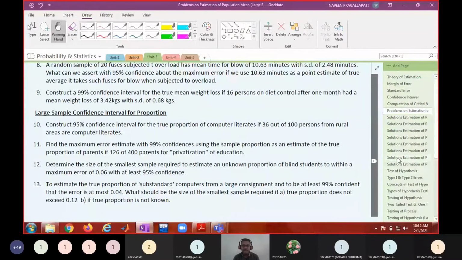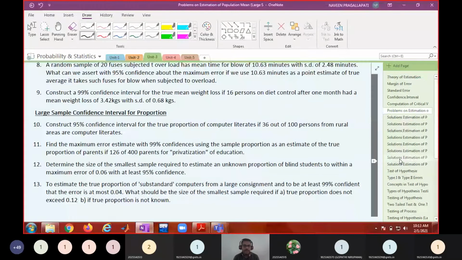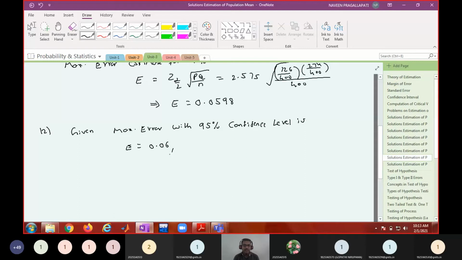Given the maximum error E equal to 0.06 with a 95% confidence level, alpha equal to 5% equal to 0.05.